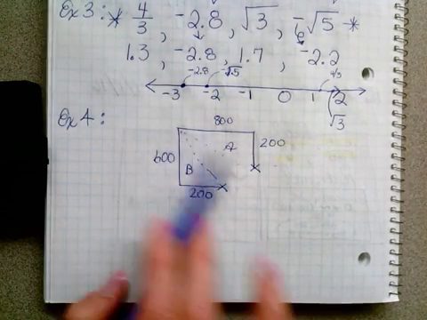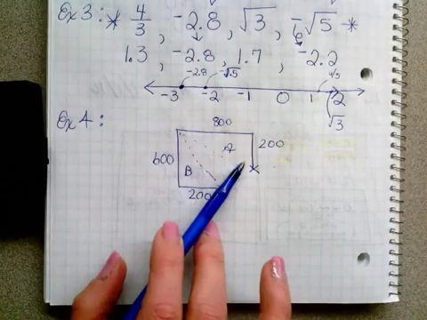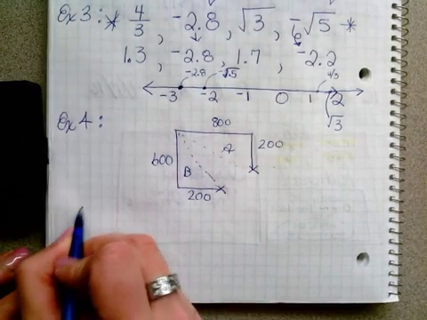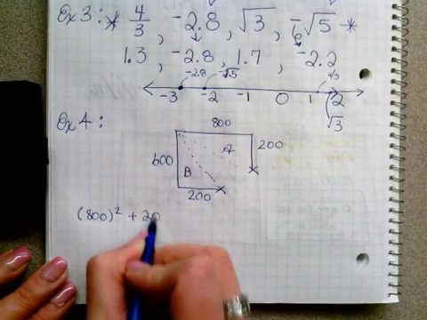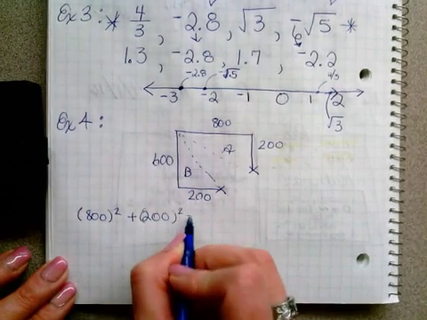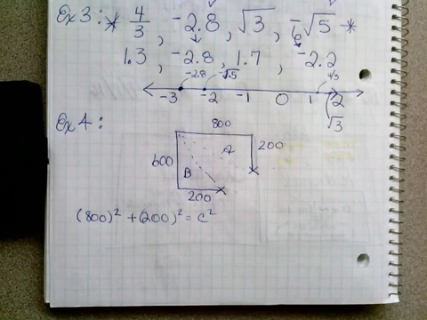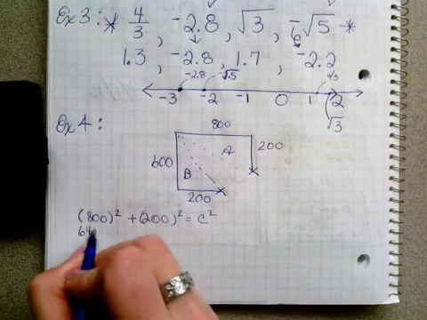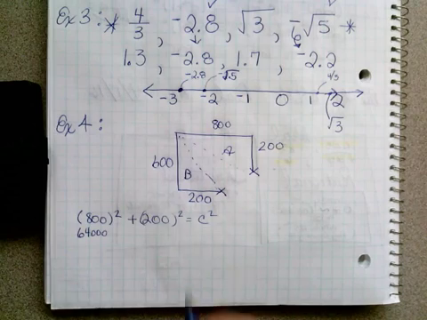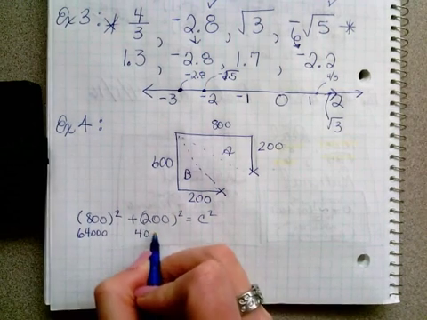So let's solve A's distance from home plate. Okay, get your calculators out, folks. 800 squared is, did you guys get 640,000? 200 squared.